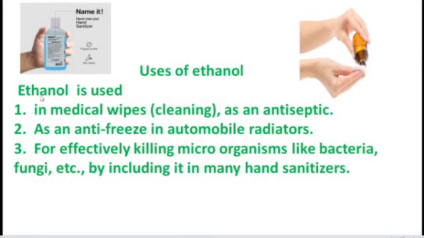Other uses. Ethanol is used in medical wipes, that is for cleaning, as an antiseptic, and as an antifreeze in automobile radiators.